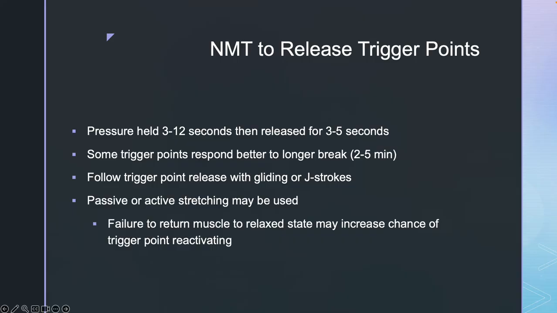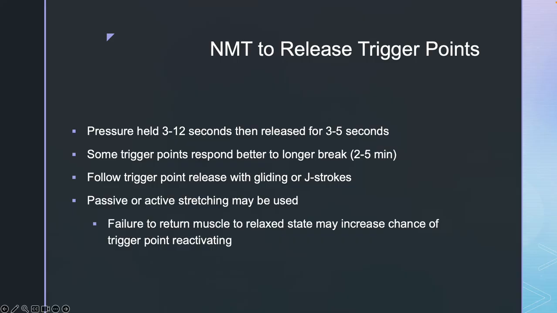All right, passive or active stretching may be used. I think stretching is great. Like I said already, do stretching after a trigger point release if you can. I know some areas are a little harder to stretch. You're like, how do you stretch your shoulder? Well, crossover. That's not an area you're going to be able to easily stretch on your client. Makes sense? But if you're doing trigger point work at a forearm, you can easily stretch the forearm or the neck or areas like that, do the active or passive stretching.